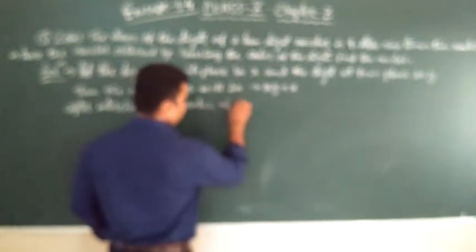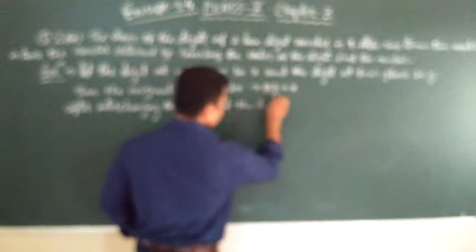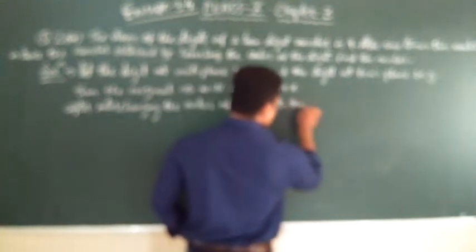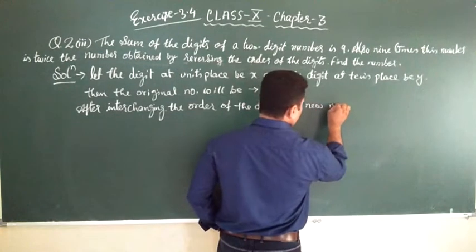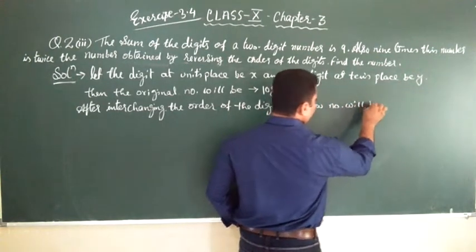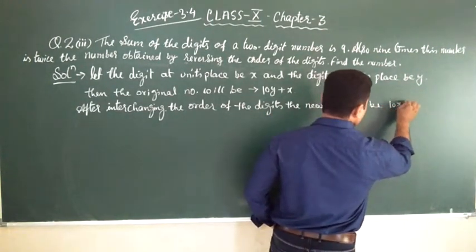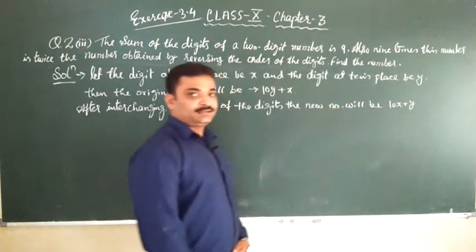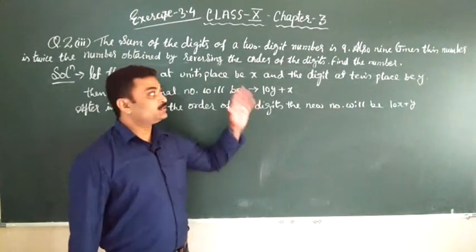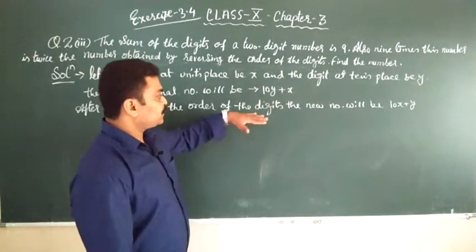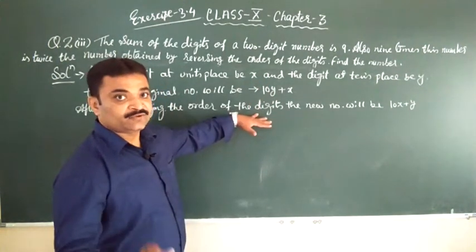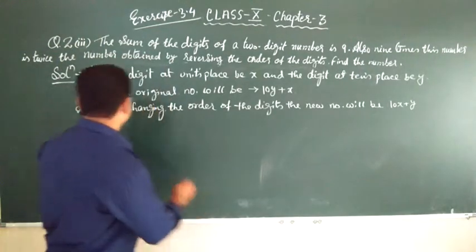After interchanging the order of the digits, the new number will be 10x plus y. Clear? Students, whenever you get this type of question, you have to write up to here in every question. Clear?